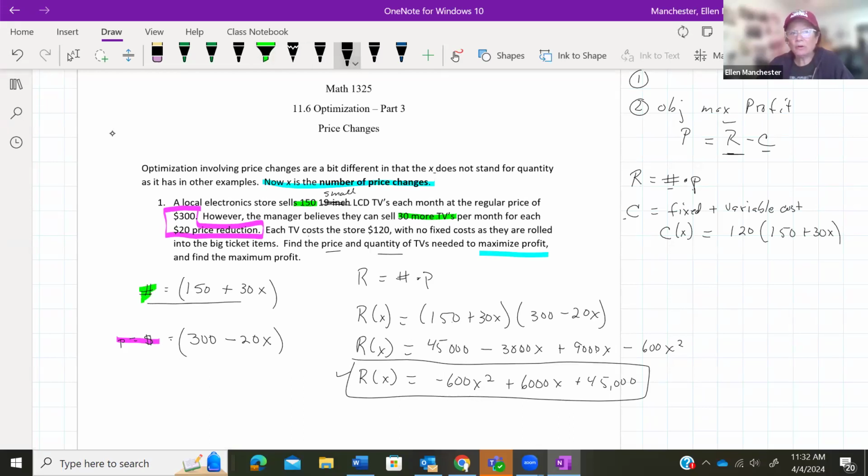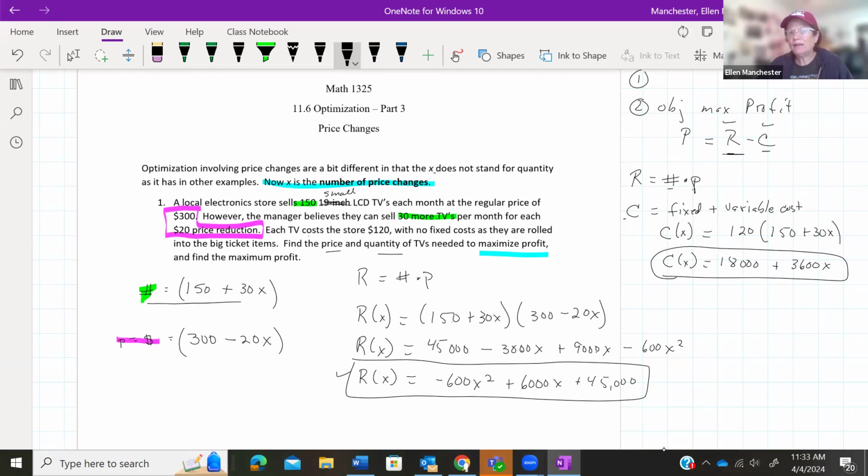Right now our number is 150 plus 30X, because we don't know how many TVs we're going to have, but we're going to be able to find out. So now I can distribute this. 120 times 150 is 18,000, and 30 times 120 is 3,600, so 3,600x. So here is my cost function.